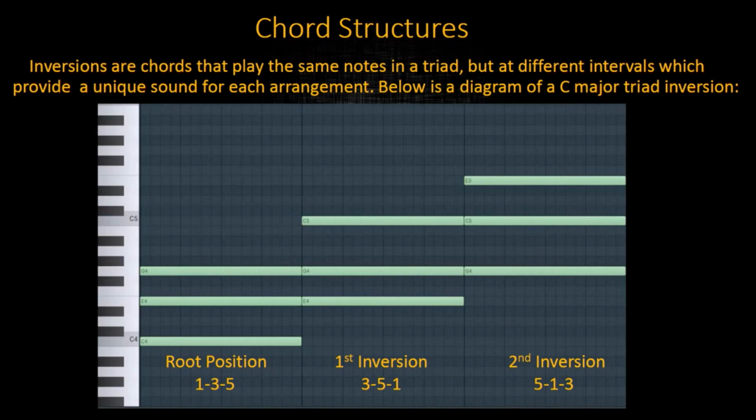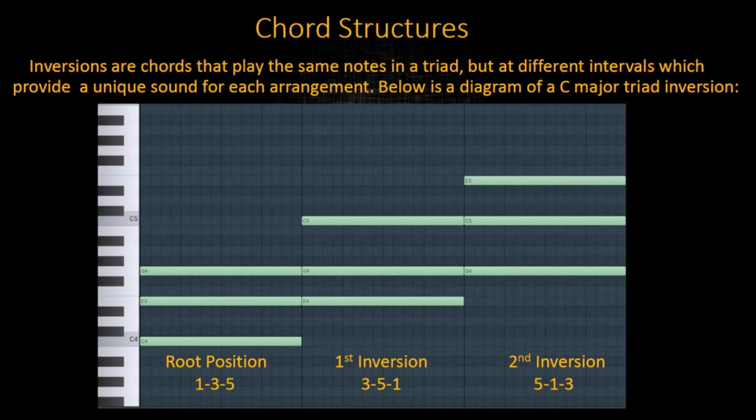Now we're taking our third interval, our 3, and making it the root temporarily. And then we're taking our 5th or dominant position and then adding our starting note as the third interval. And then our second inversion is 5, 1, 3, where we have our dominant taking the root position.